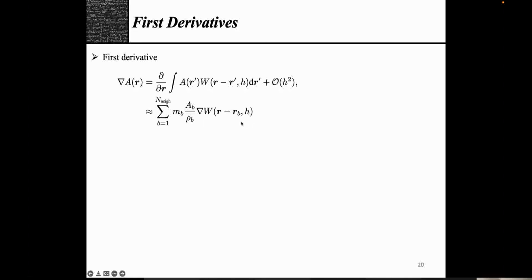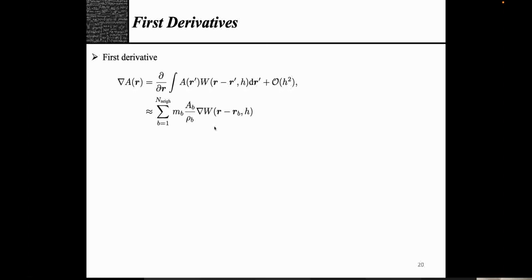And the really nice thing about this is we never have to worry about the derivative of a sub b at all. So we only care about the actual properties of the neighbor itself. And it's the derivative of the smoothing kernel that we require. And the smoothing kernels are all nice analytical expressions. So we know exactly what the derivative is, and the derivative can be directly hard-coded into the code.